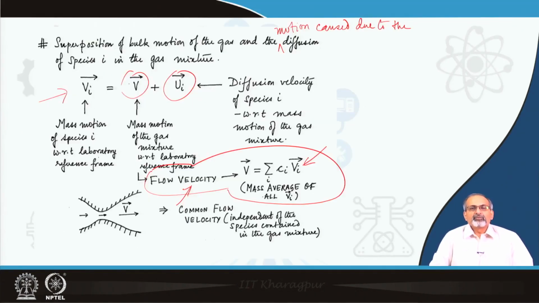You may recall that we discussed the superposition of bulk motion of the gas and the motion caused due to diffusion of species i in the gas mixture, and we realized that the flow velocity is essentially a sum total effect of the c_i times V_i of all the species of the gases in the mixture.